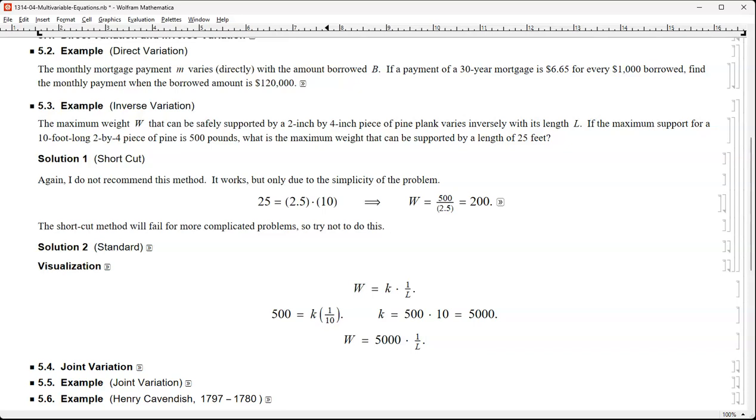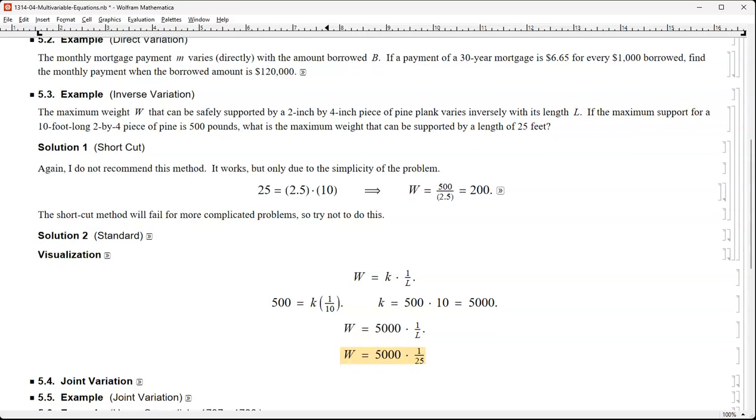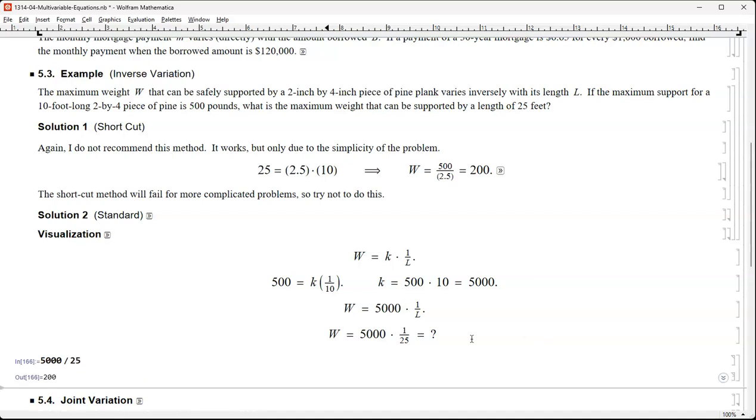Okay, all right. That's step 3. Finally, let's answer this question. What if L is now 25? Well, 5,000 divided by 25, 200.